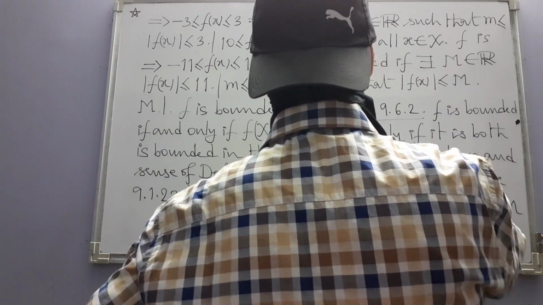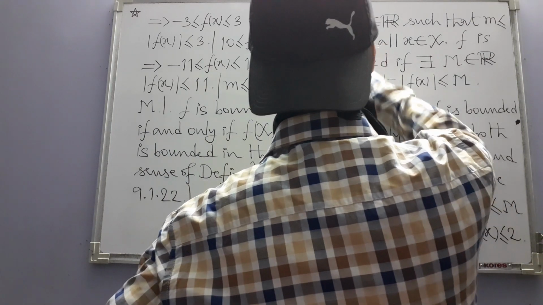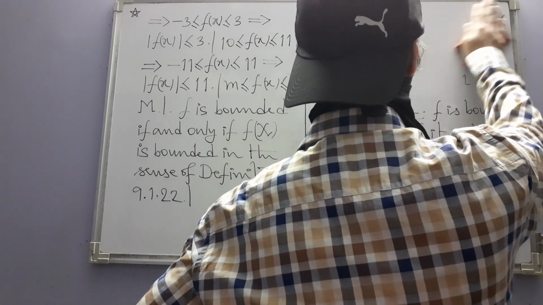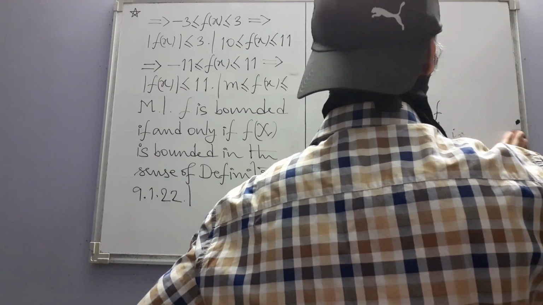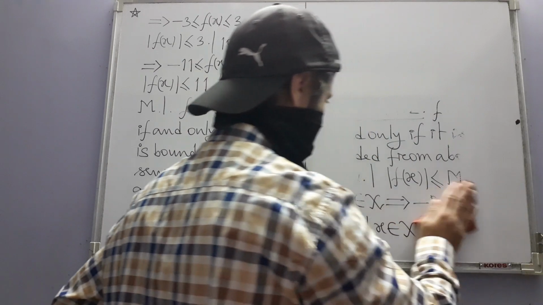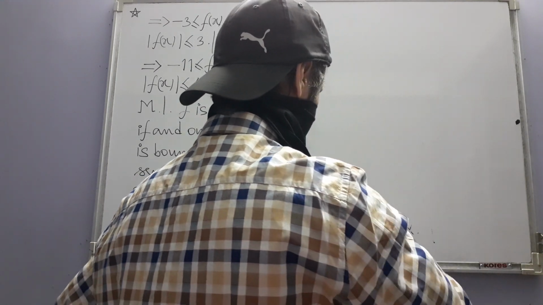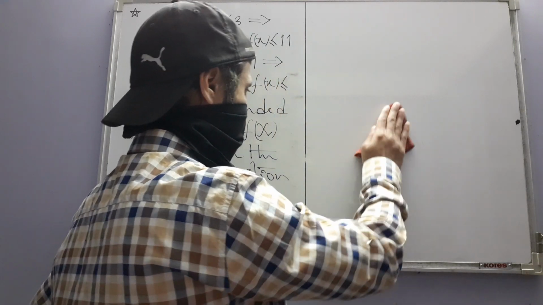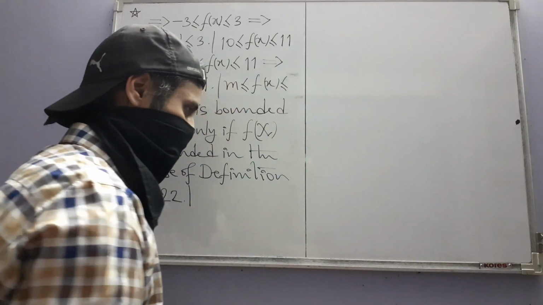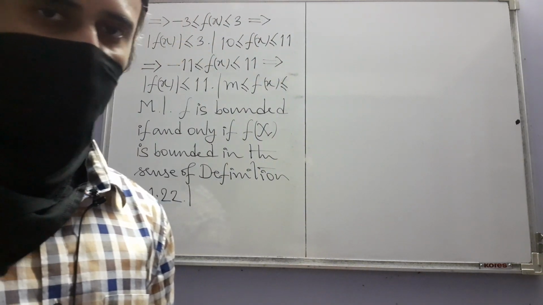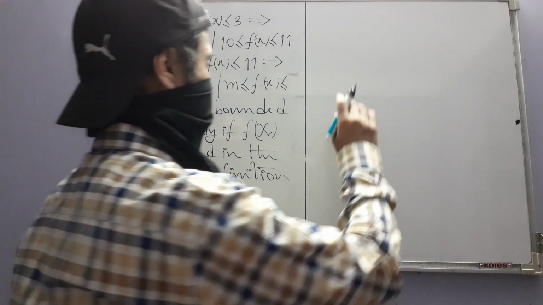Okay, so now we have the notion of bounded functions. Functions whose values are tame, that is, they are not very wide, they are not going very far away. They have upper bounds, they have lower bounds. So what is the relationship between bounded functions and continuous functions? Not all continuous functions are bounded.